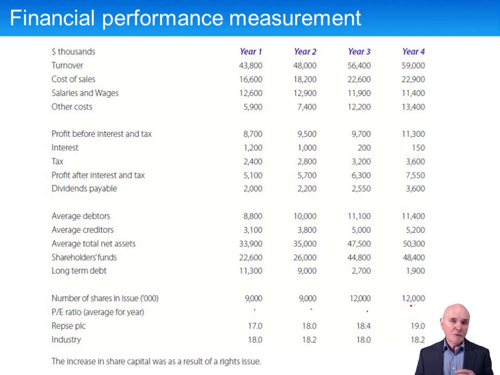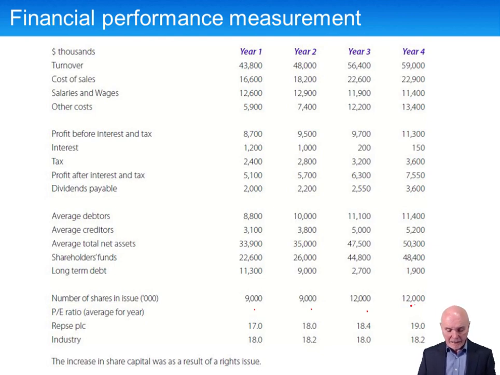So when we talk about have they increased the wealth of shareholders, I think we're talking about a given shareholder or a shareholder with a set number of shares in there. Because obviously if you subscribe to a rights issue, you're putting more money into the company, and you're a bit disappointed if the value of your shares hadn't therefore risen.